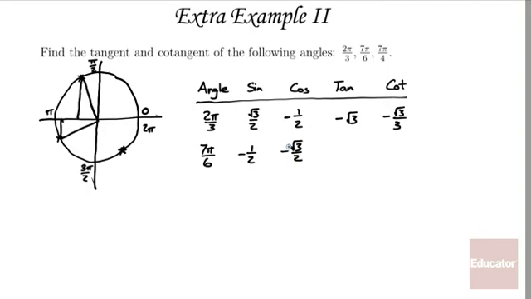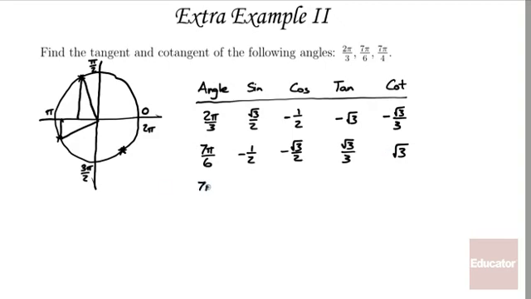Tangent, you divide those together, so sine over cosine is 1 over root 3, or root 3 over 3, and it's positive because both of those are negative, so the two negatives cancel. Cotangent is cosine over sine, so that's root 3. Positive because they're both negative, and so the two negatives cancel.